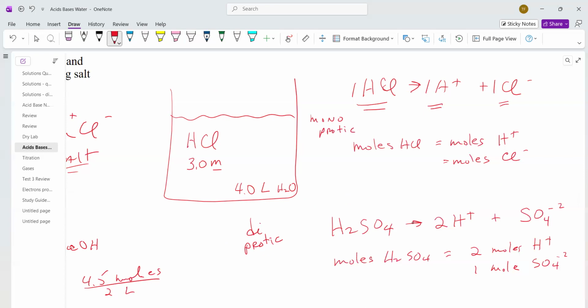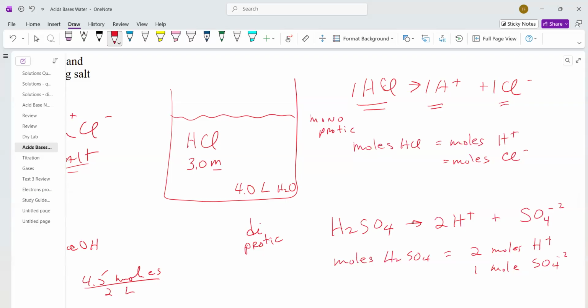Protic refers to protons, and an H+ is a proton. So a diprotic acid, 2 hydrogens come off or dissociate. With a monoprotic, 1 comes off.